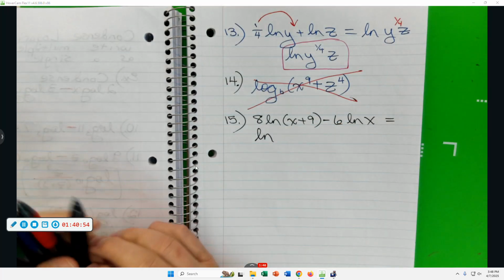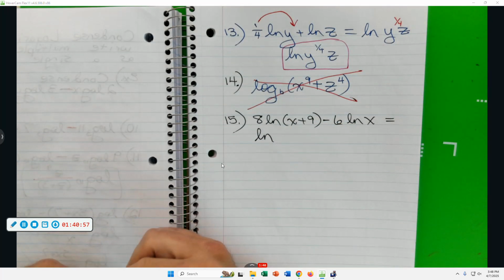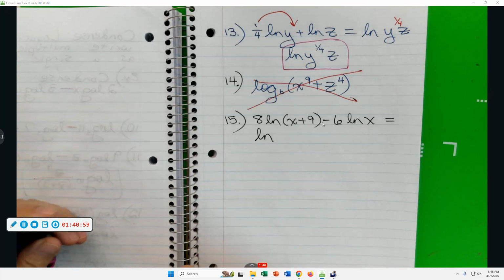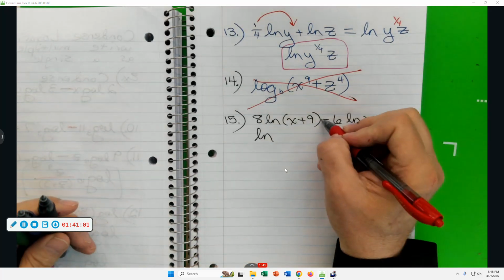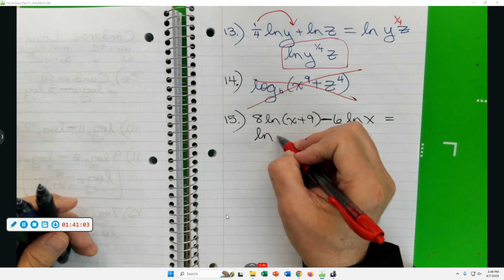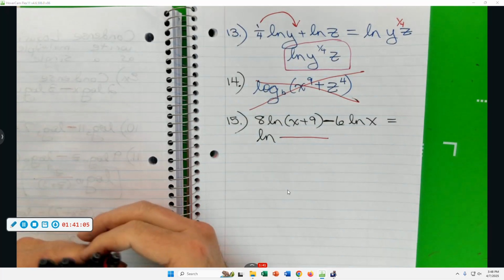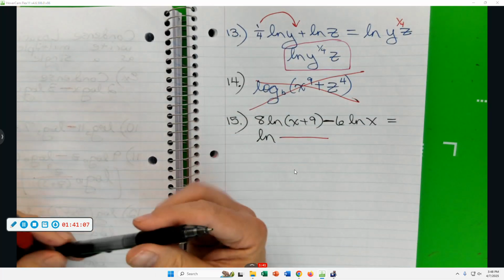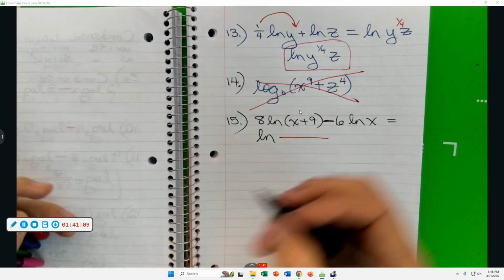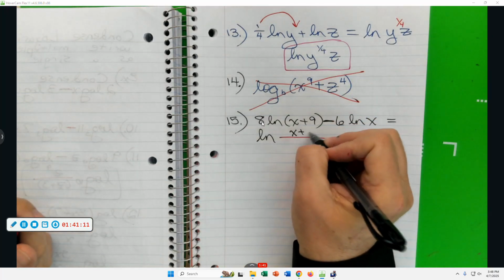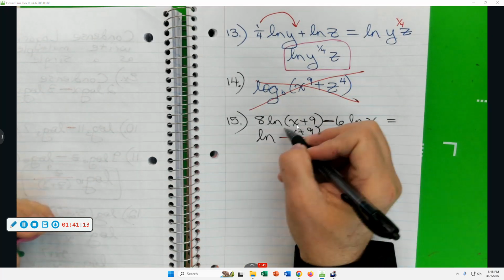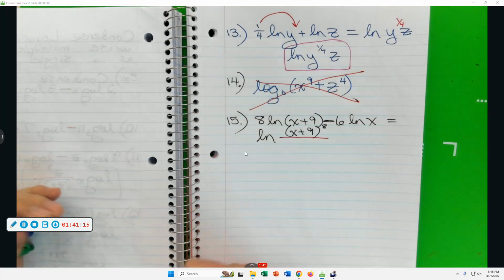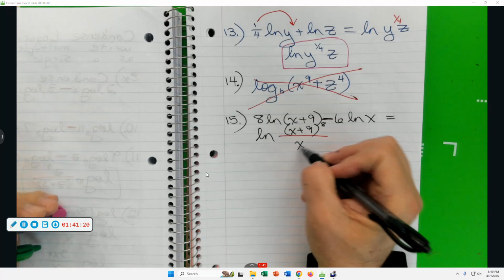Do I need a fraction bar? Yes, because that minus right there says we need a fraction bar. What have we got on top? X plus 9. Anything else? To the 8th. Okay. What about on the bottom? X to the 6th. Good.